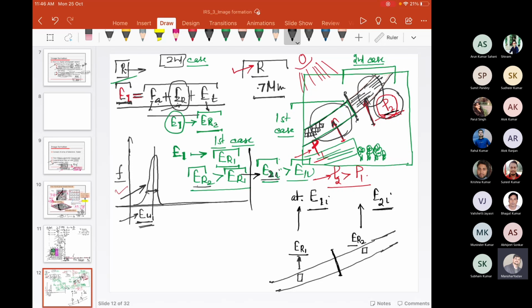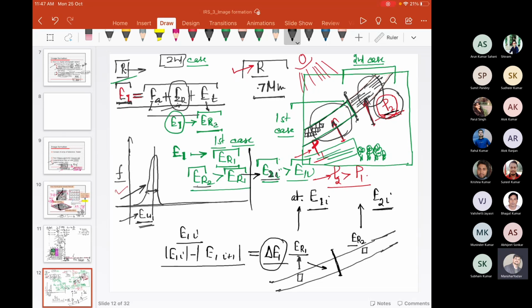Now we have two subclasses of water. In the first subclass, we have the energy represented by E1I. When we analyze the differences among the energy components, like E1I, let's say mod minus E1I plus 1, we'll get delta E1. Though these E1I components are from the clear water, delta E1 is very less.